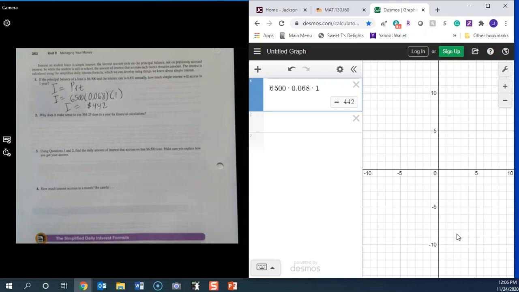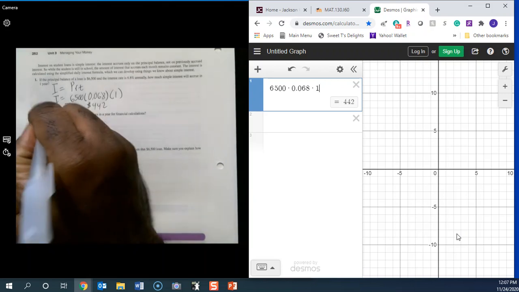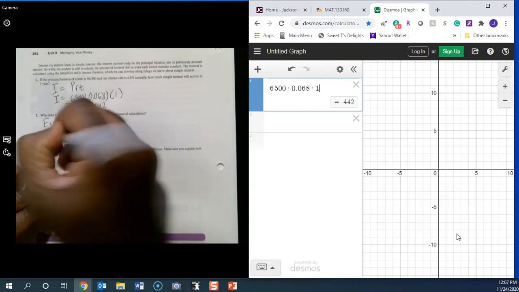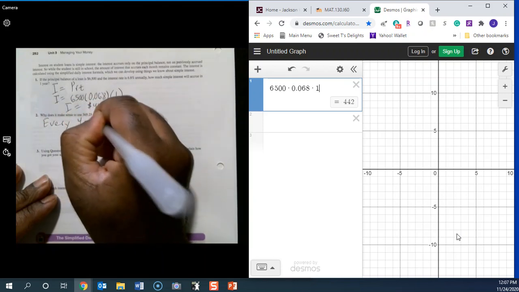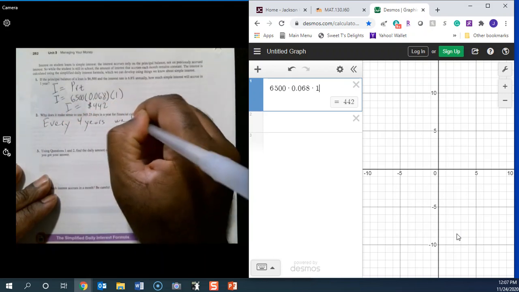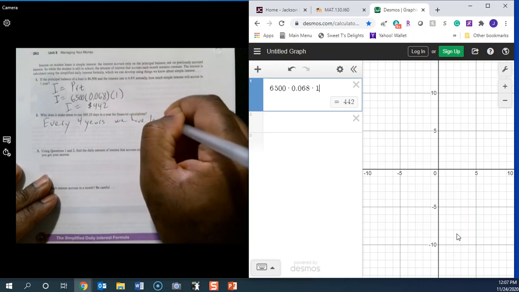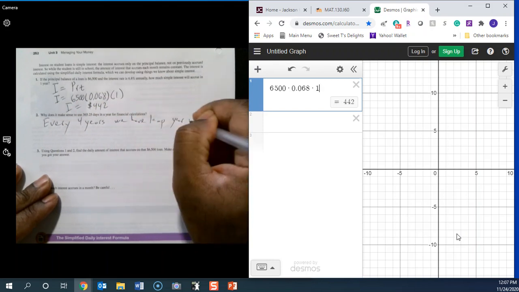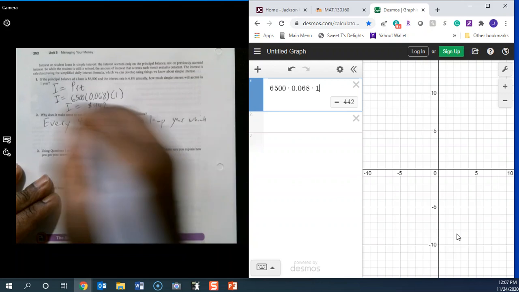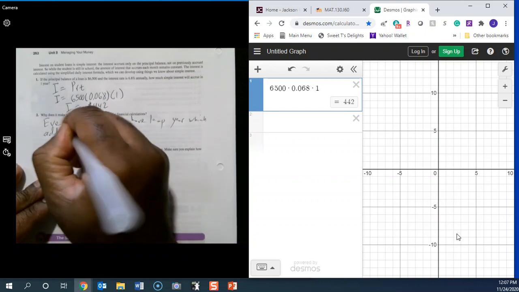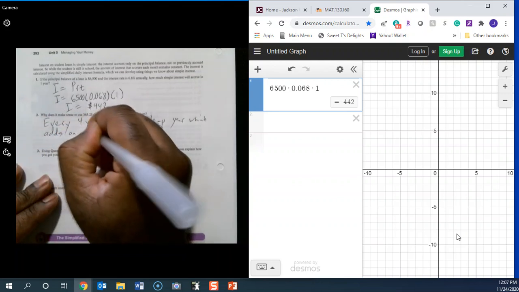Okay, so now it says, why does it make sense to use 365.25 days in a year for financial calculations? That is because every 4 years we have a leap year, which adds an extra day.